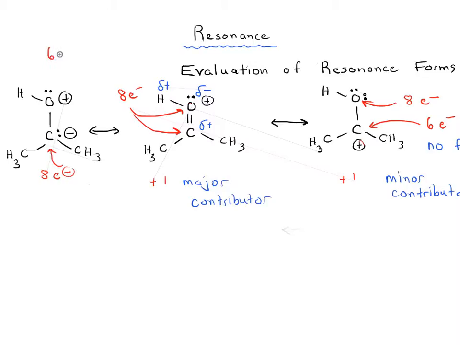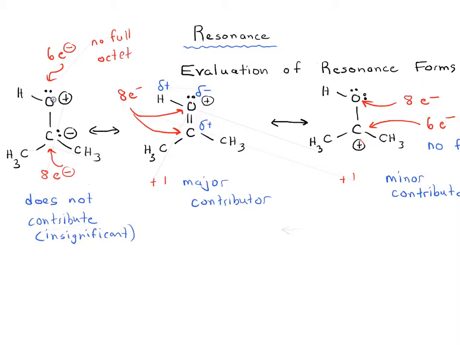However, in this case, we've got 6 electrons on the oxygen, and it lacks a full octet. This essentially does not contribute to our resonance hybrid. Why might it not contribute? So it's basically insignificant.